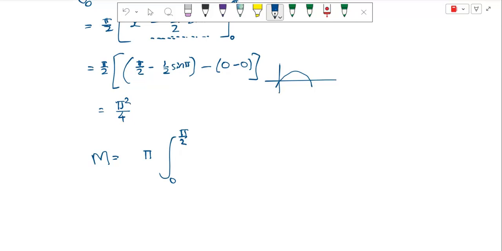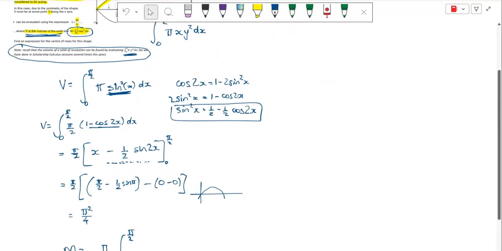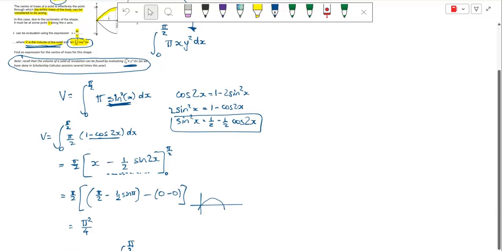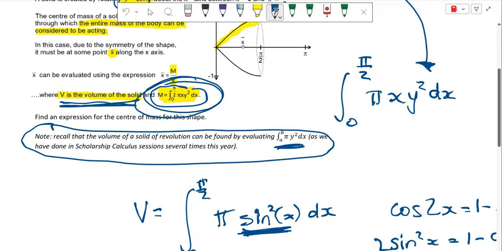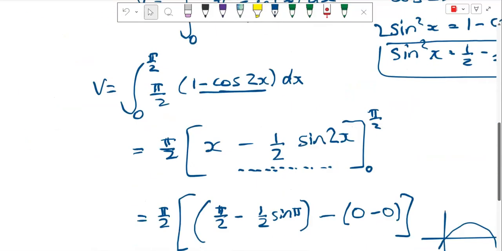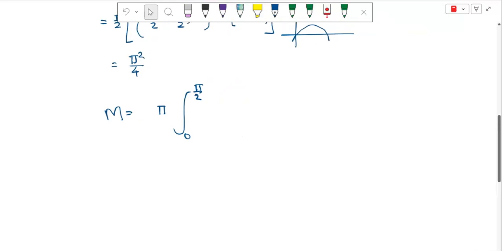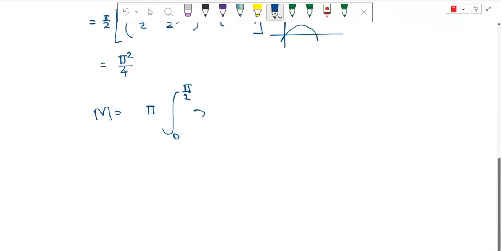Right, we have to go back to the start, actually, to look at what m is. So m is this integral here, pi on 2 to 0 of pi xy squared. So a little bit trickier. So it's going to be x, and then y is sine of x, so it's sine squared of x dx. We're going to use the same thing as before, the double angle.